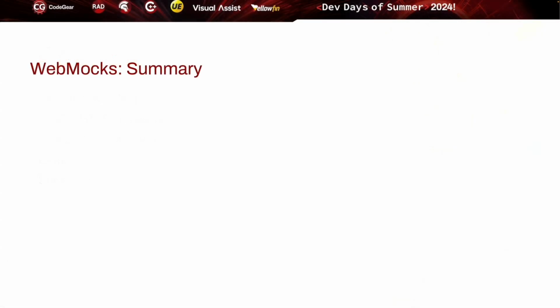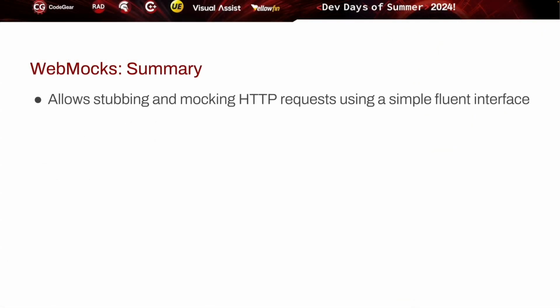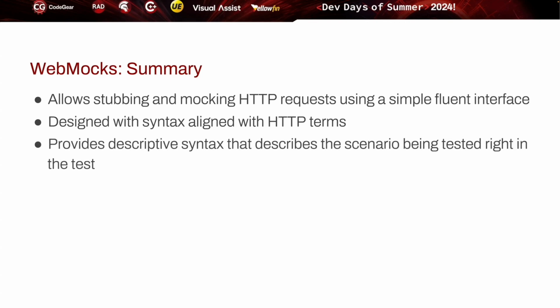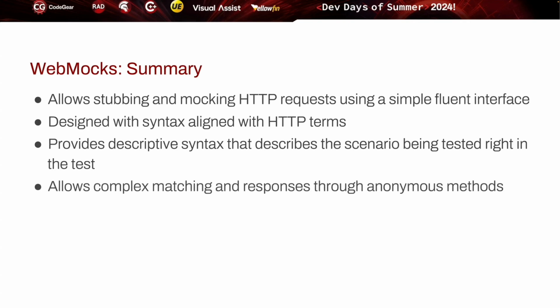Okay, so let's quickly run over what it is we have hopefully learned. So WebMocks allows stubbing and mocking of HTTP requests using a simple, fluent interface. And we can see how that helps us. It's designed with syntax aligned with HTTP terms, so we can describe exactly the scenario that we're testing right in the test, and we can even use that same syntax to actually assert the things with that same fluent interface.